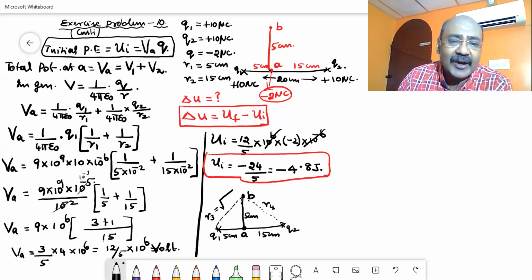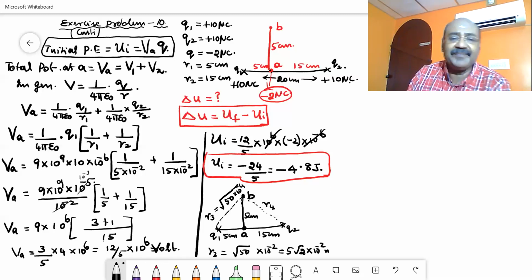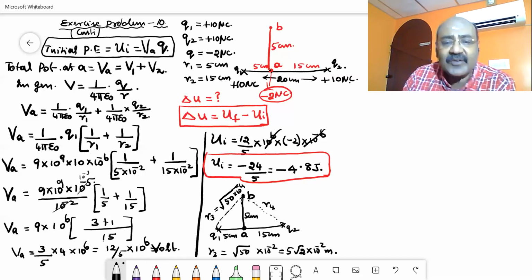So you will be getting root 50 into 10 power minus 4. On simplifying, I can write R3 is equal to root 50 into 10 power minus 2, which can be written as 5 root 2 into 10 power minus 2 meters. Similarly, what is R4?